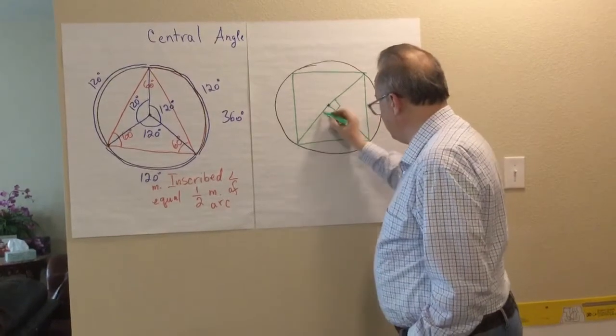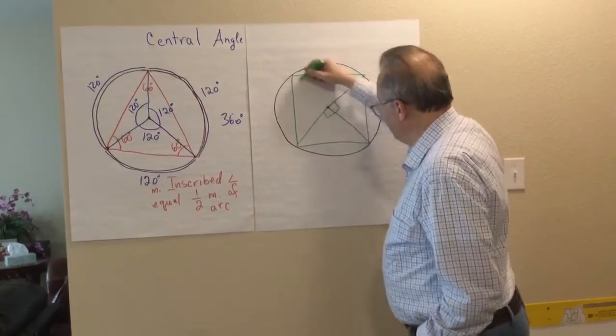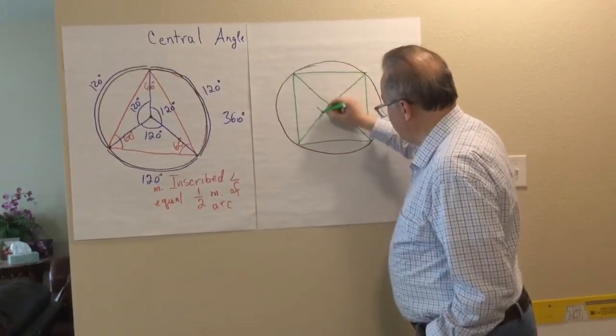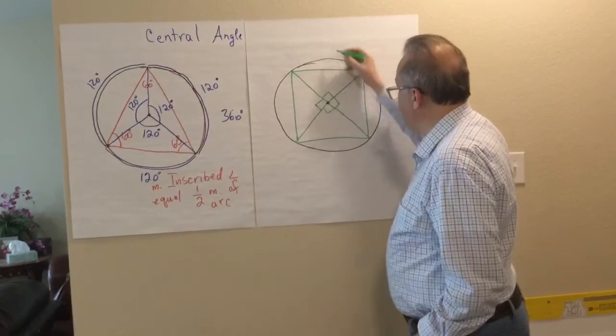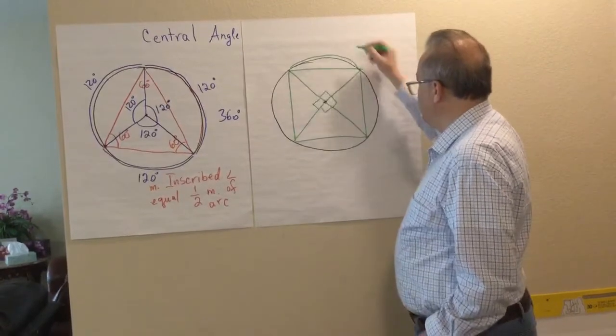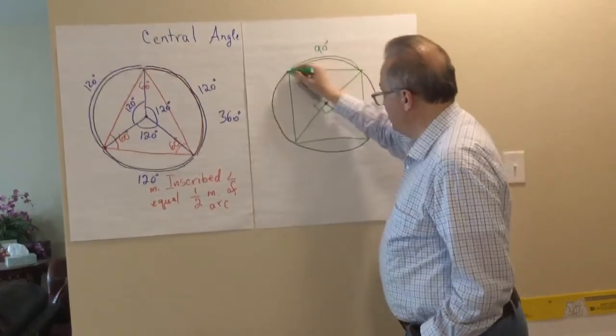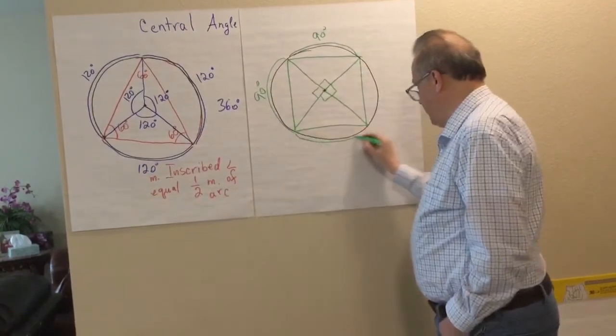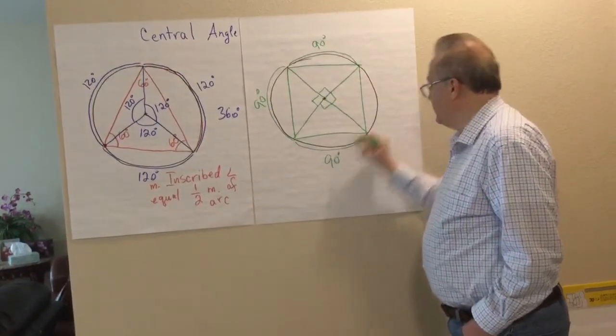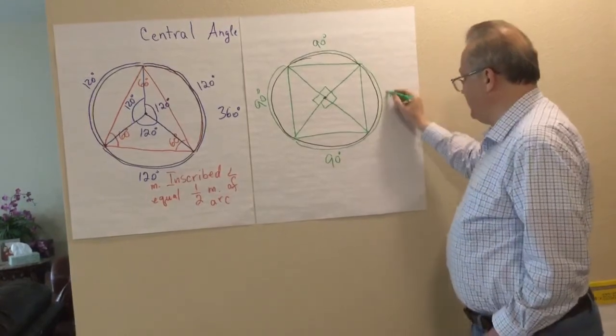Central angle is 90 degrees right here. Central angle is 90 degrees right here. 90 degrees right here. Therefore, this arc is 90, 90, 90, and another 90 degrees.